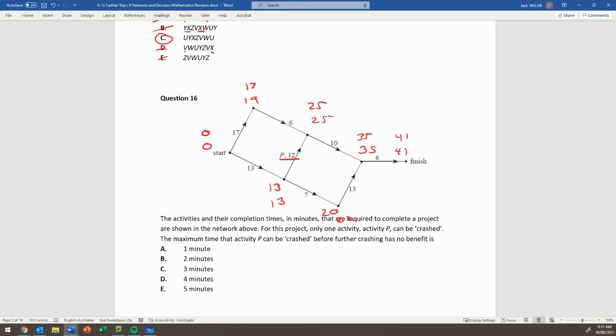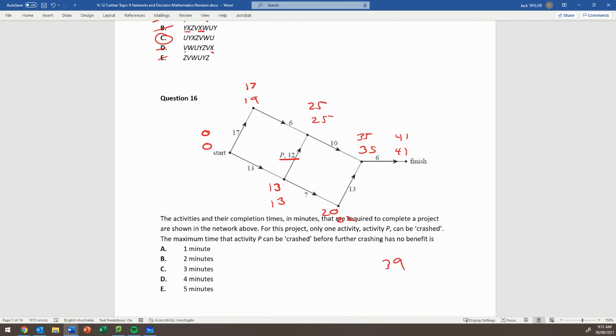All right, so the critical path there is a total of 41. Now, the nearest critical path beyond that one is 39. So that is obtained by going from the other direction, essentially 17, 6, 10, and 6. If you go that way, it has a total time of 39.